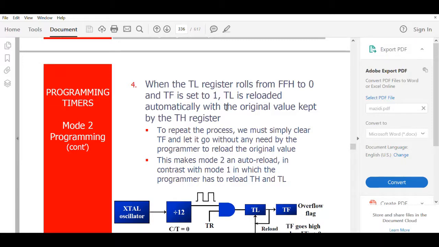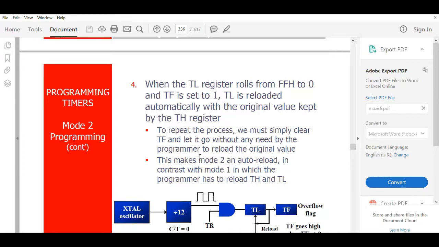That value is kept as a backup in TH so as to reload TL when TF is equal to 1. And this process is repeated. For that, only clear TF.